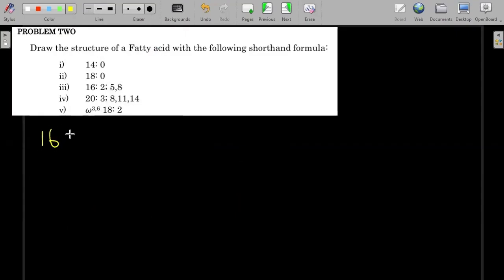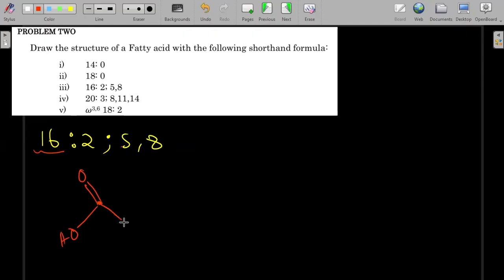So the other one is 16:2 semicolon and then 5, 8. So this means we have 16 carbons, okay, 2 double bonds at carbon 5 and what? 8. So what we are going to do is we're going to say OH and then O there. So this is the first carbon here.